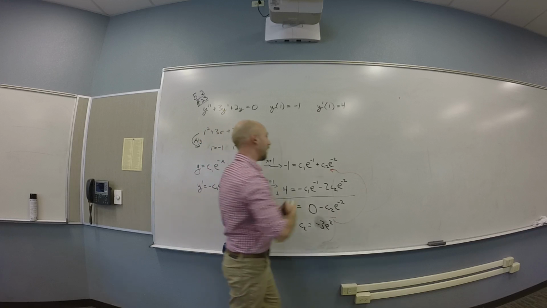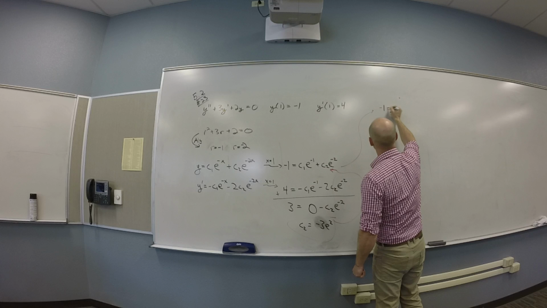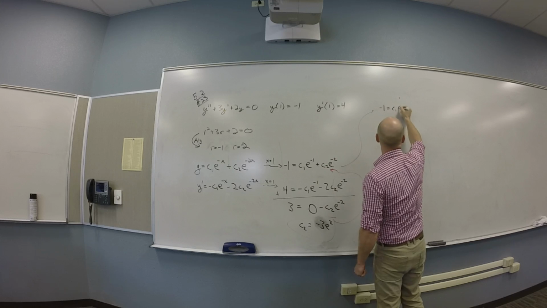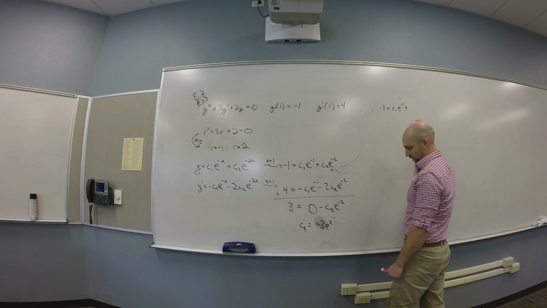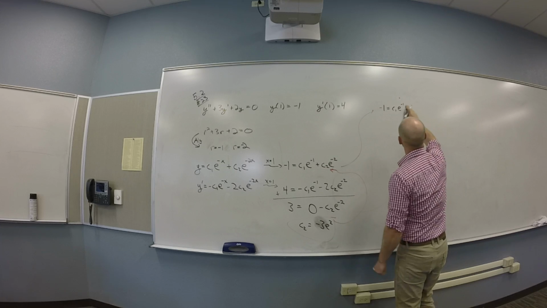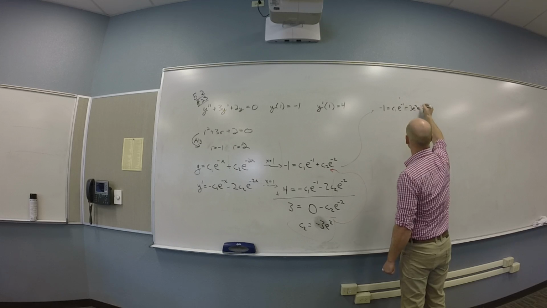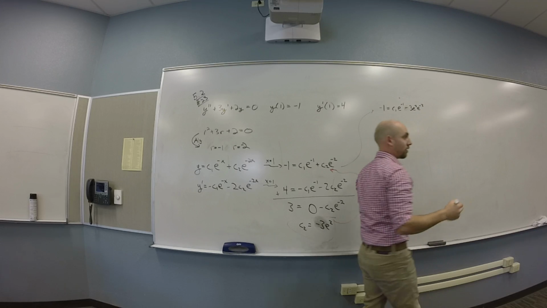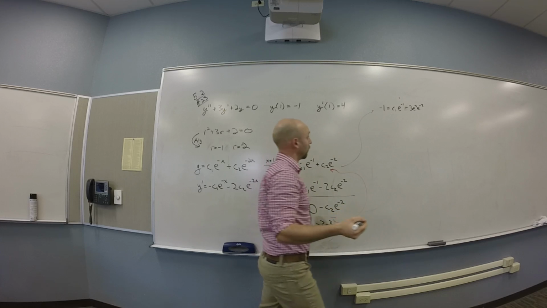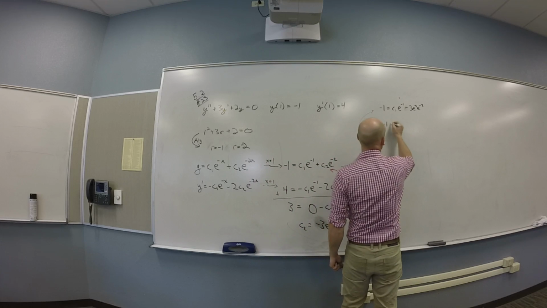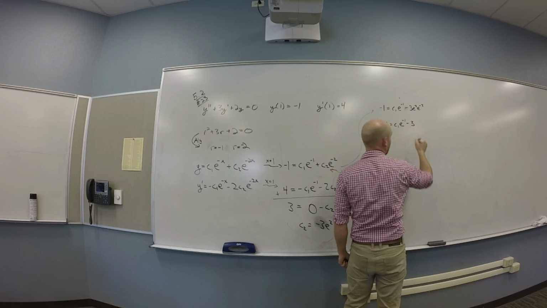Out of that, I get negative 1 is c1 e to the minus 1 minus 3e squared e to the minus 2. What's e squared times e to the minus 2? 1. Okay, so I got negative 1 is c1 e to the minus 1 minus 3.